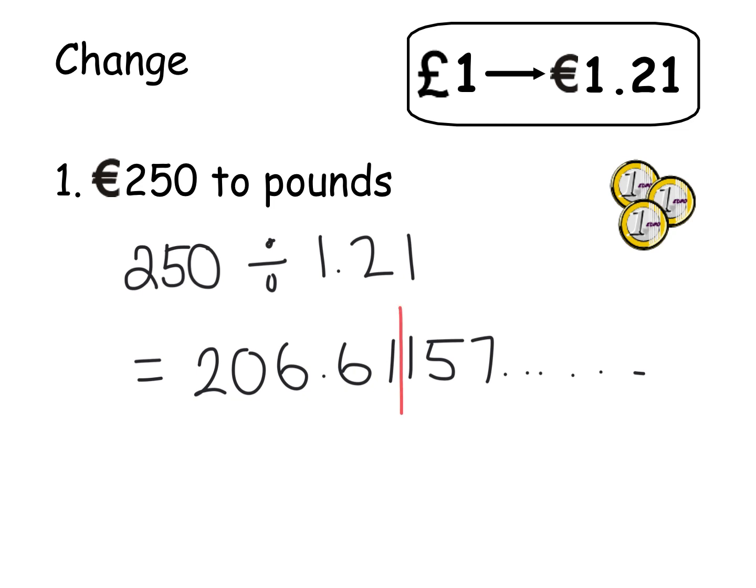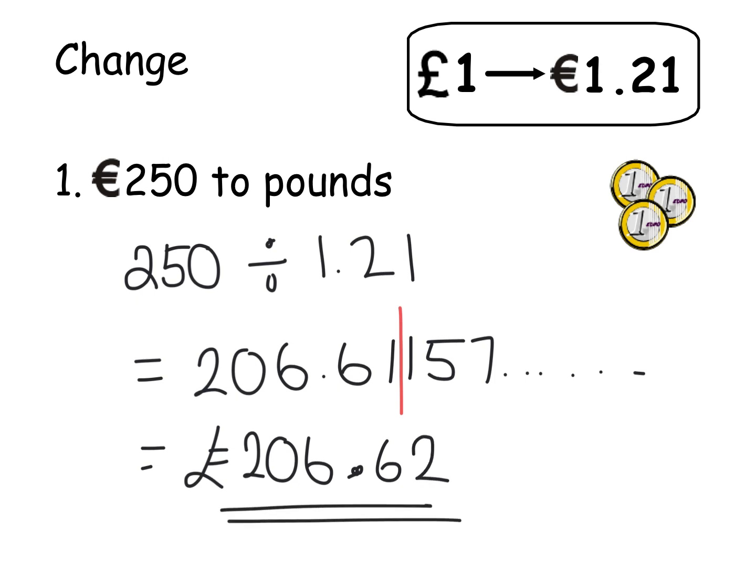So, in our case, to the nearest penny, it says 61 just now. The next number after the cut-off line is a 1, so it's 62 pence. And remember what I said, you get less when you come back, so that 250 euros is now worth £206.62. So you are dividing by the exchange rate.